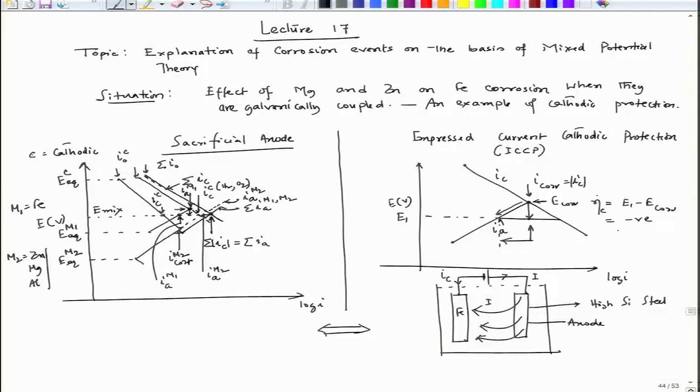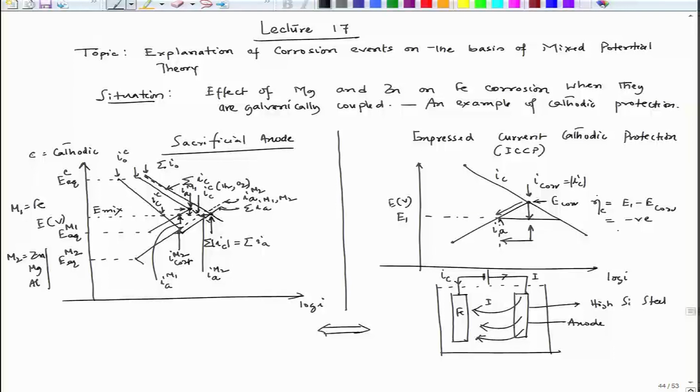In this case, the negative current or the electrons are sent to the iron surface because of the dissolution of the more active metal, which is zinc or magnesium. But here the negative current is sent by supplying current from an external DC power source.